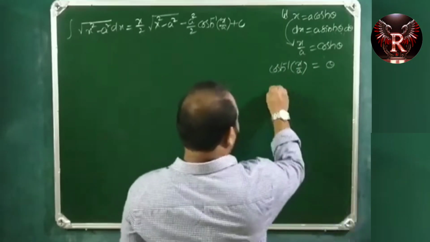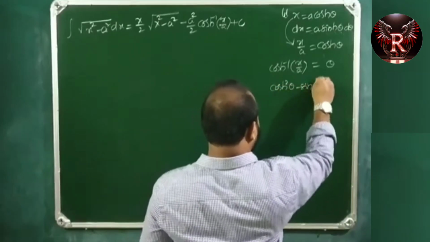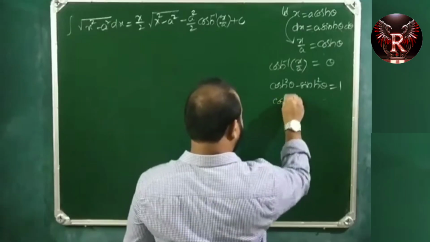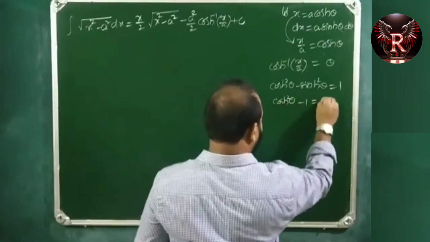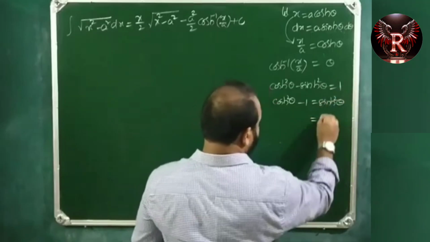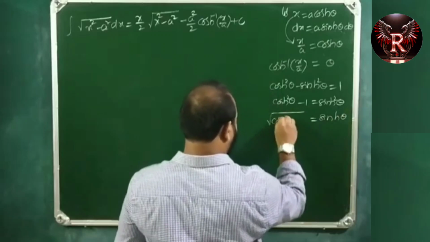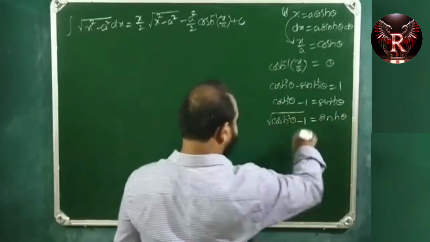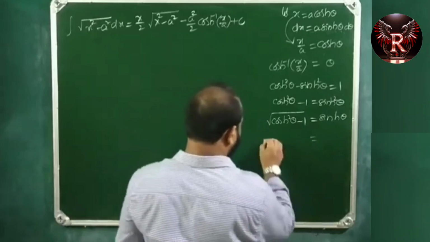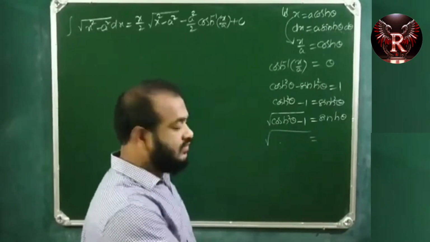We have cosh square theta minus sinh square theta is equal to 1. Cosh square theta minus 1 is equal to sinh square theta. So sinh theta is equal to square root of cosh square theta minus 1. Cosh square theta is nothing but cosh theta whole square.